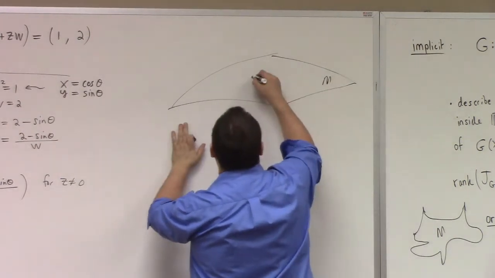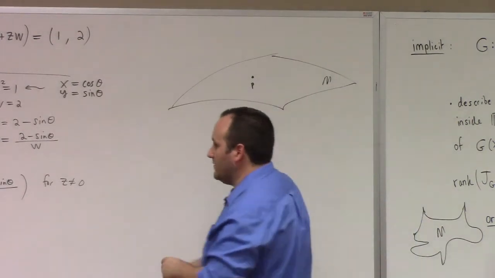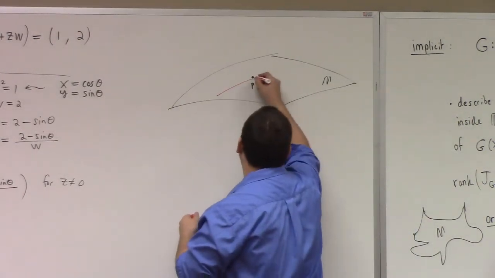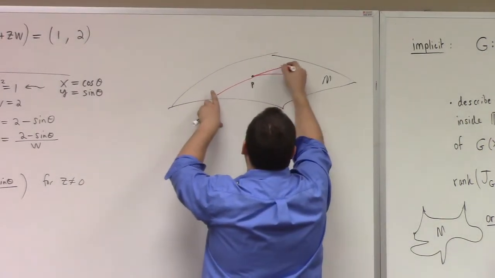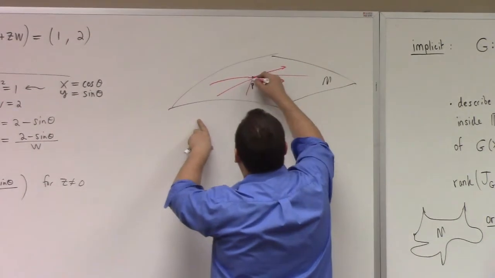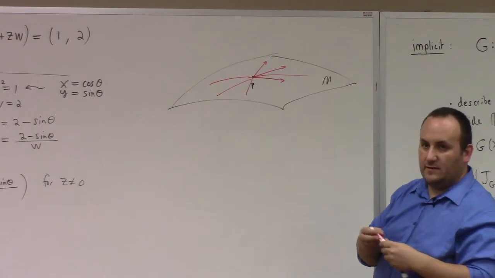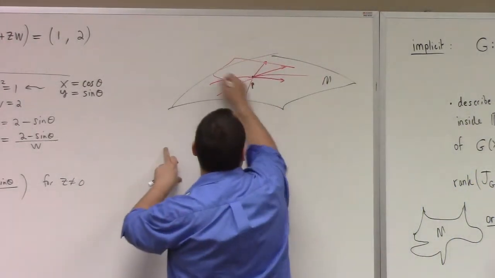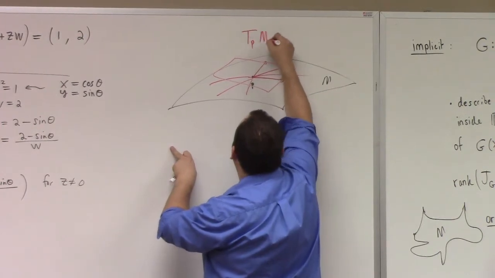If I take a point P here, and you think about tracing curves that go through it, then those curves will have tangent vectors. And if the surface is differentiable at that point, the collection of all these tangent vectors should form what we call the tangent space to M at P.